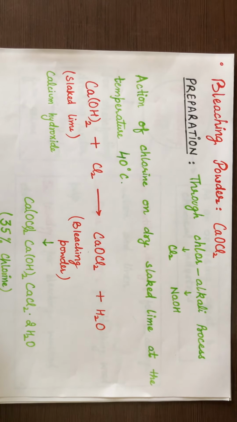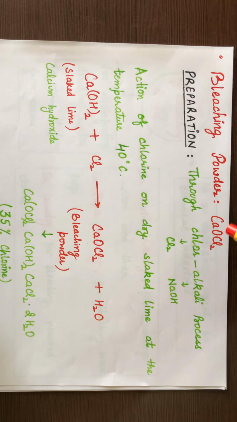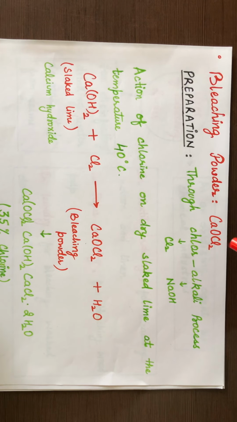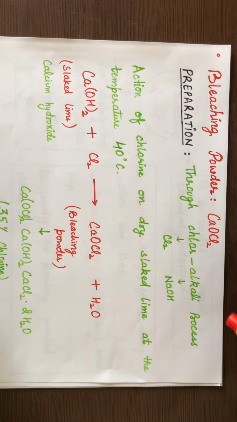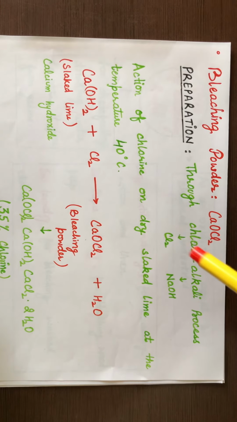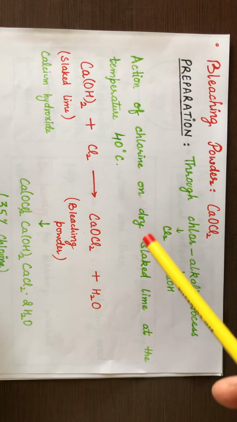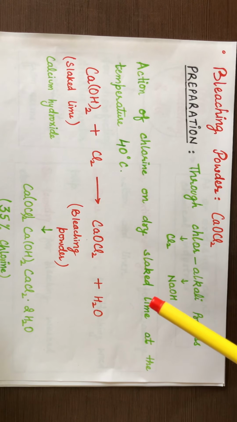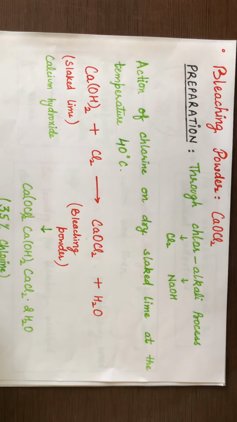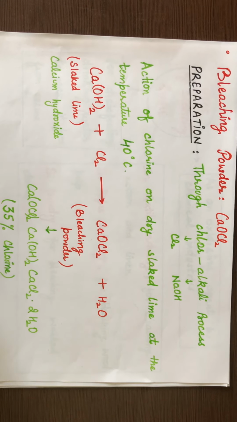So what is bleaching powder? Bleaching powder is calcium hypochlorite, meaning CaOCl2, and how can it be prepared? Through the chlor-alkali process, in which chlorine and sodium hydroxide are present, and this chlorine acts on dry slaked lime at a temperature of 40 degrees Celsius, and we get bleaching powder.